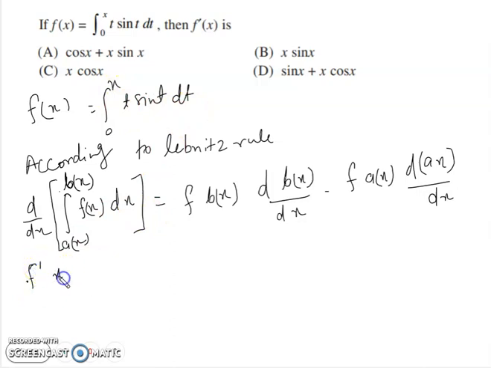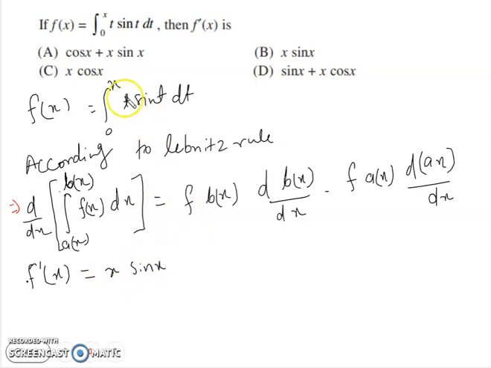So f dash x equal to, and this is the Leibniz rule you can apply here. This is a very important rule, so you must remember it. f dash x is equal to the upper limit, which is x, sin x after putting in the value.